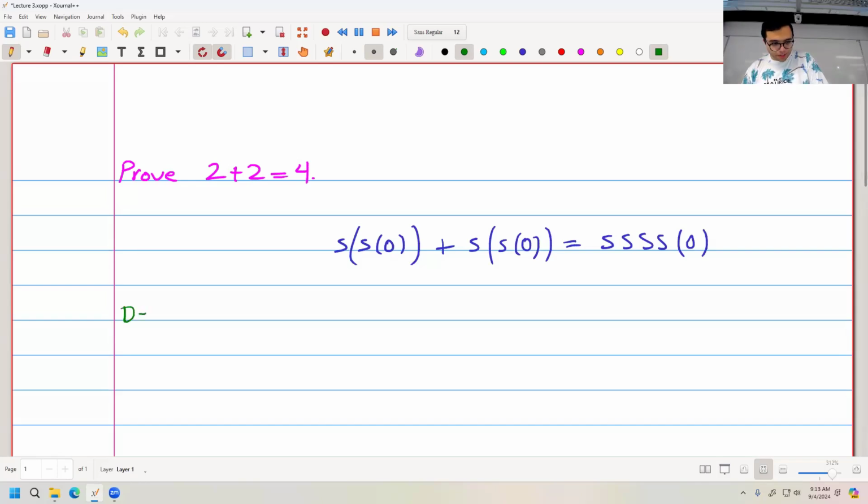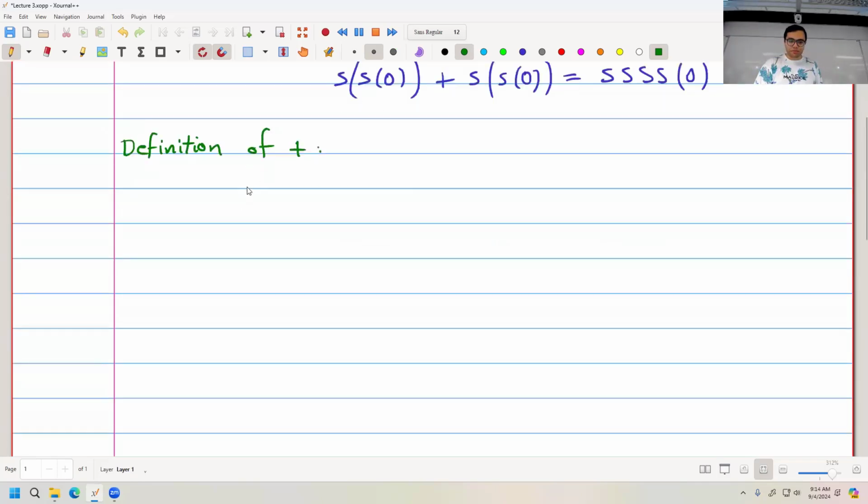Definition of addition. I say that addition is an operator that takes 2 natural numbers and gives me another natural number. So it's just a function that gets 2 natural numbers, gives me another one. But I have to have some rules for how addition works, and these are my rules of addition.